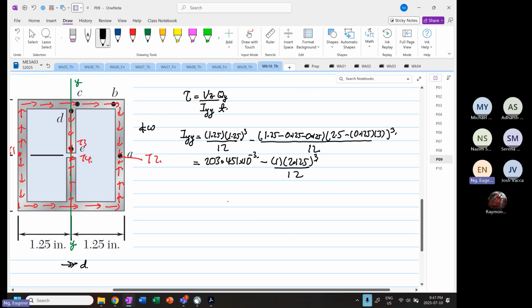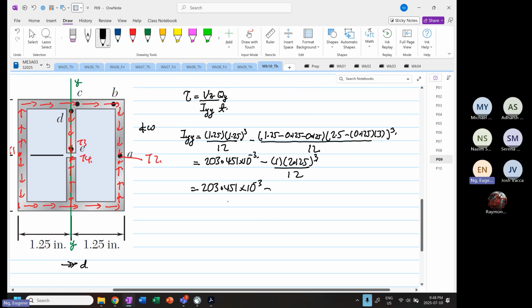Yeah, that's more like it. So 1.25 minus 0.125 minus 0.125 is 1. And 2.5 minus 0.125 times 3 is 2.125, the same. So this will be equal to 203.451 minus 2.125 to the power 3 times 1 divided by 12.